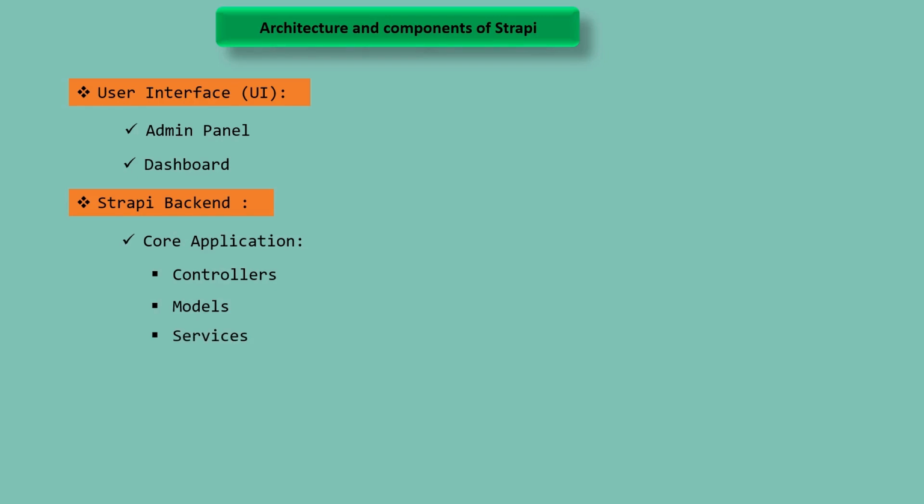Models, define content types and their structure. Services, contain reusable business logic. Middleware, functions executed before or after processing requests. Configuration, settings for database connections, server, and plugins. Database connector, interfaces with the chosen database system, for example MongoDB, PostgreSQL.